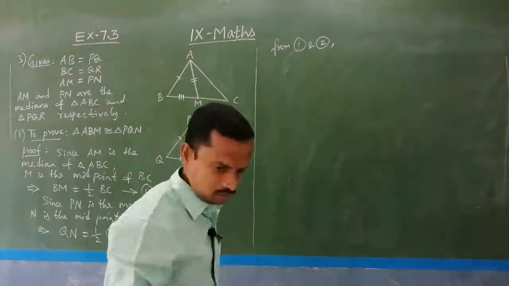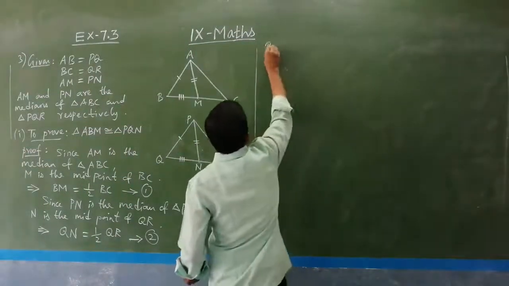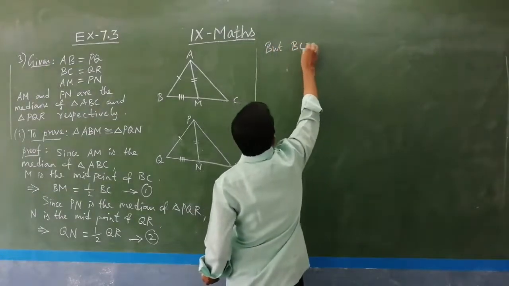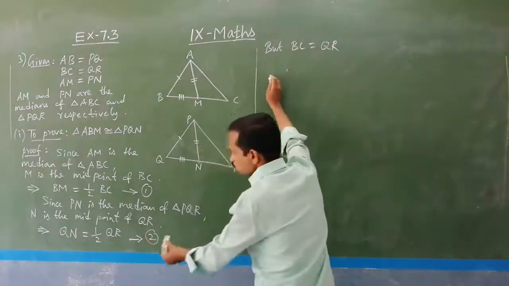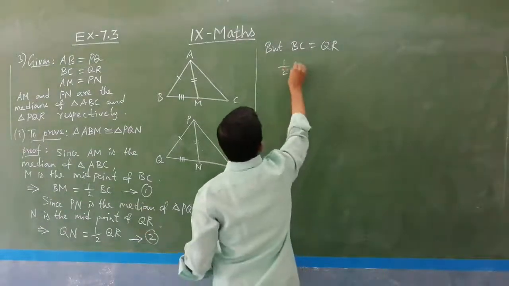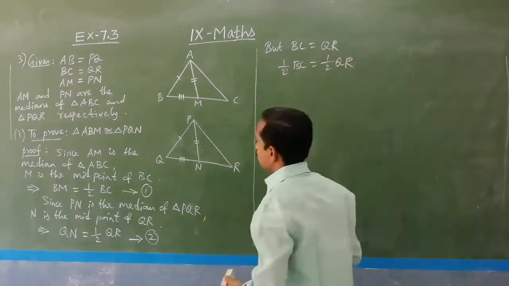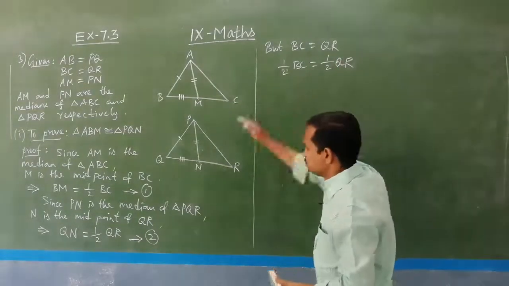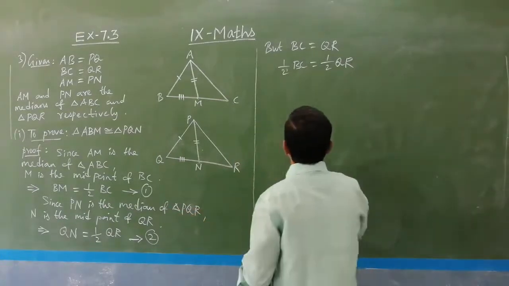But BC is equal to QR, and from 1 and 2 we can write that half of BC is equal to half of QR. If BC equals QR, then half of BC and half of QR are also equal. So from 1 and 2 we can say half of BC and half of QR are equal, which means BM is equal to QN.